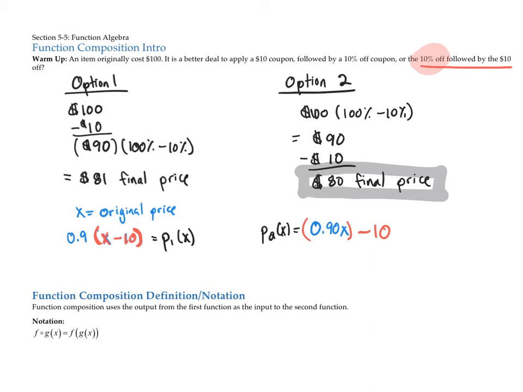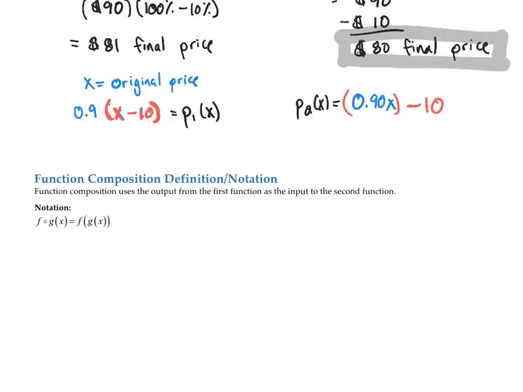I tried to color code what happened first versus what happened second. I'm thinking of the subtracting 10 as this red function here, which would be over here the red function, and taking the 90% of as the blue function. Now we'll get more symbolic examples later, so I just want to talk a little bit about the notation. For function notation, we use this little open circle here, which means function composition.